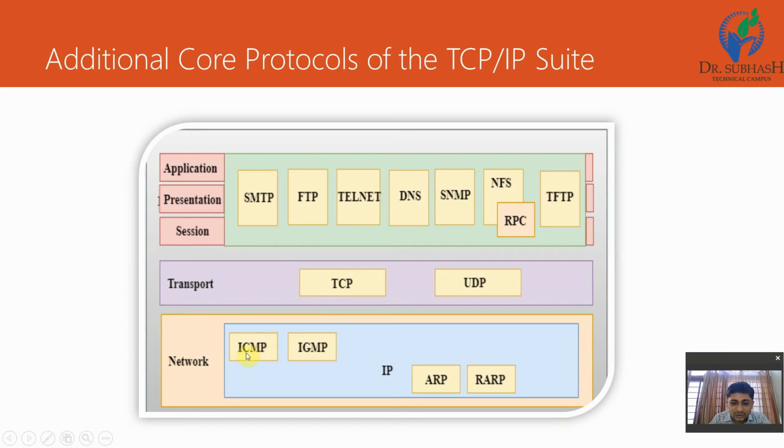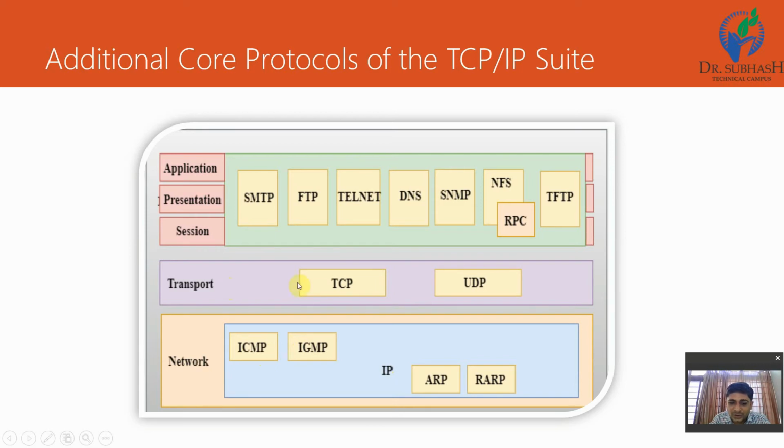At the network layer we have protocols like ICMP, Internet Control Message Protocol, IGMP, Internet Group Management Protocol, IP, Internet Protocol, ARP, Address Resolution Protocol, and RARP, Reverse Address Resolution Protocol. These are the protocols available on the network layer.